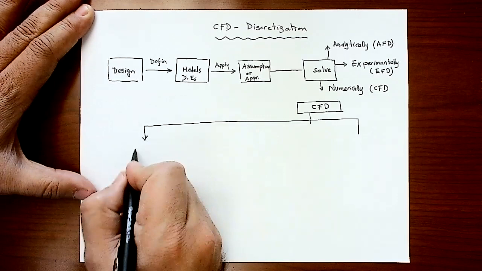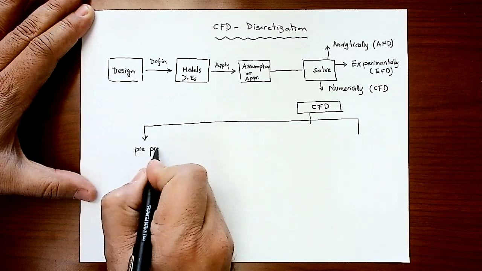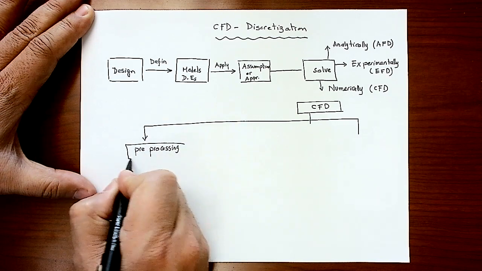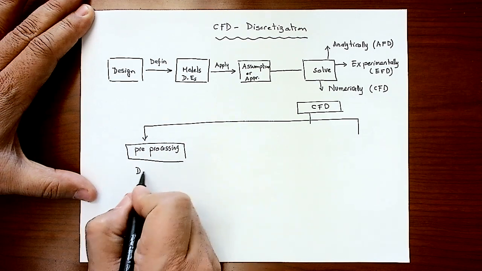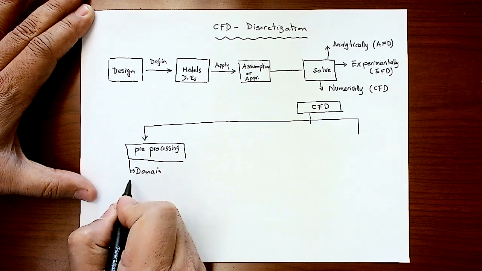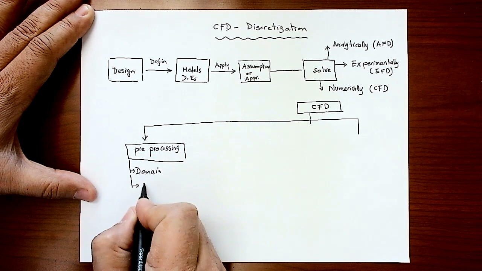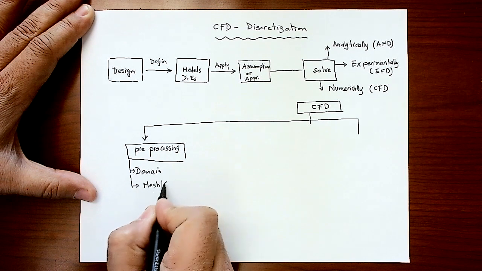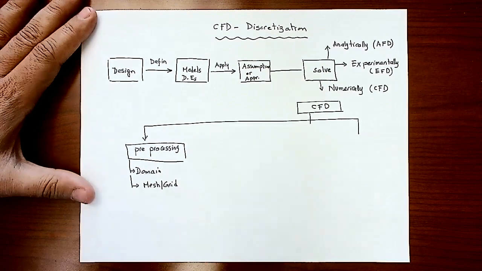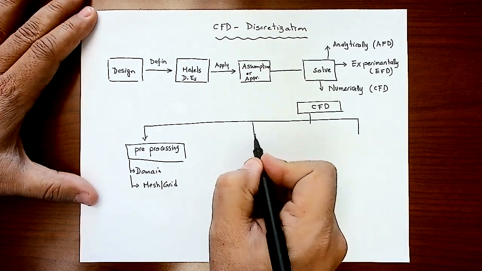We do pre-processing, which includes the setup of your domain. And you do the mesh or grid of your domain, right? Then the second one is to start solving.